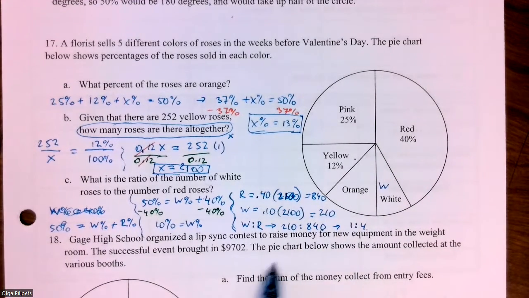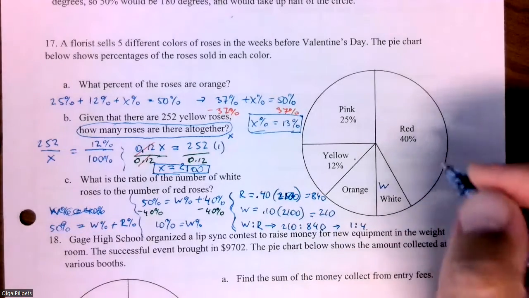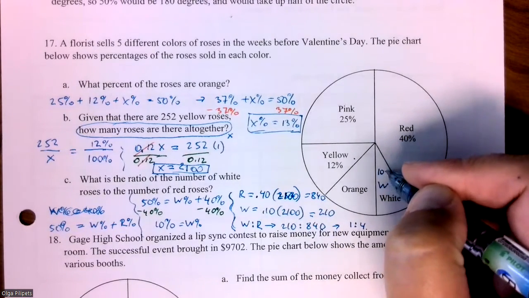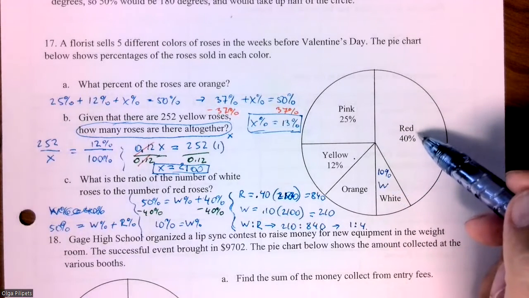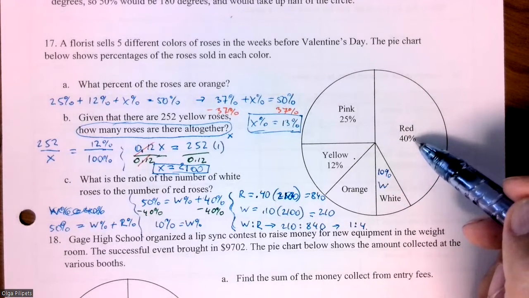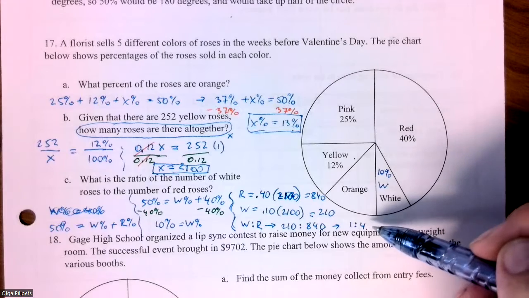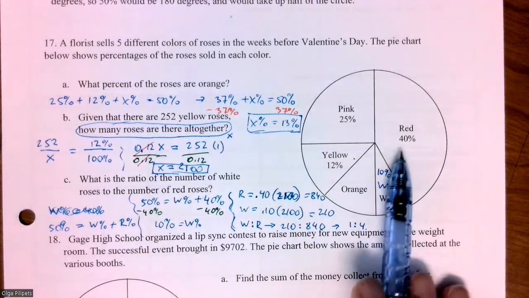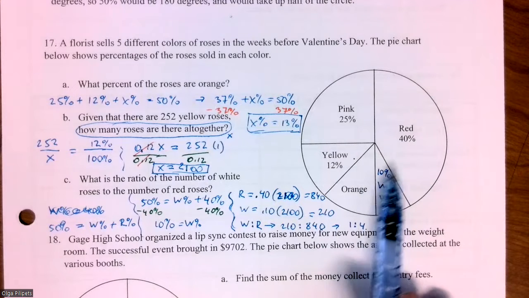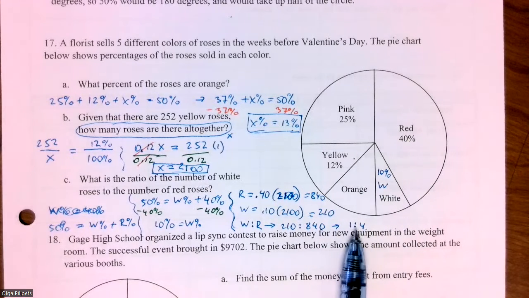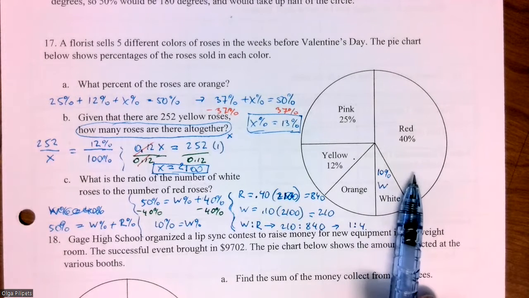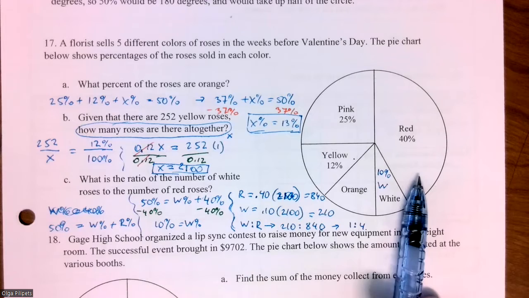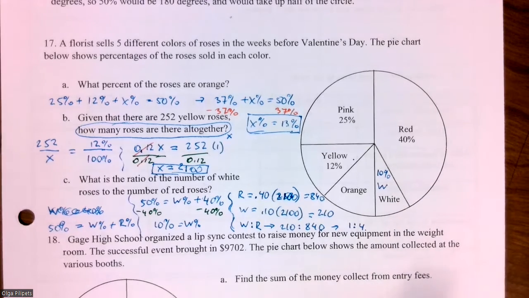Now, I want you to look at those percentages. For white roses, we found 10%. And for the red roses, 40%. So if we were to write that ratio using percents, that would be 10 to 40, or 1:4, the same ratio as here. So the takeaway here is that if you know percentages and you're asked to find the ratios, you can use percentages totally.